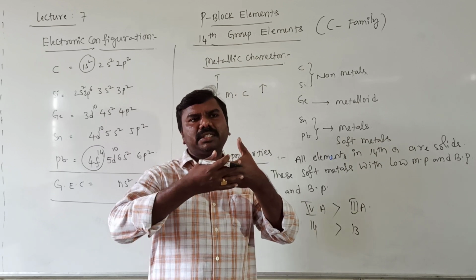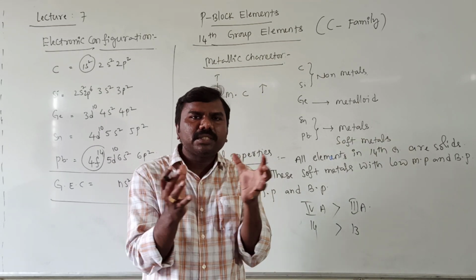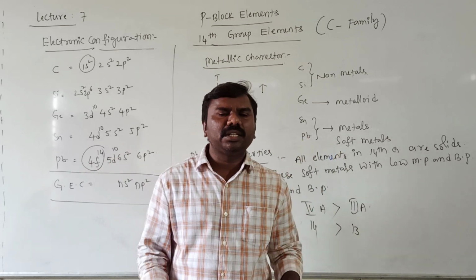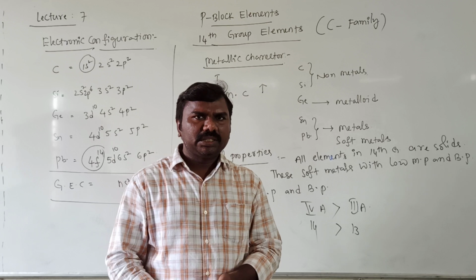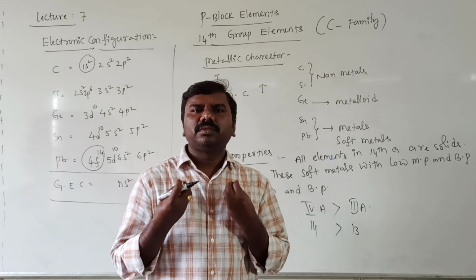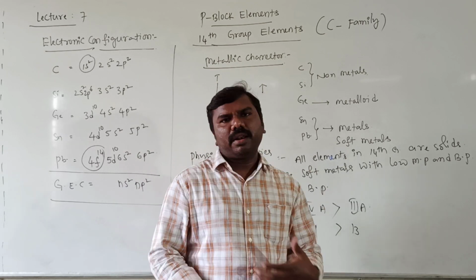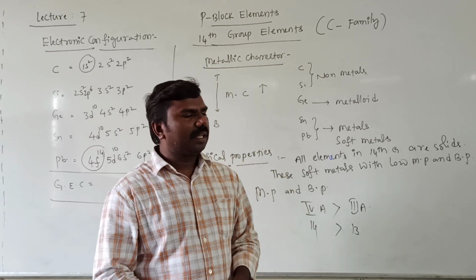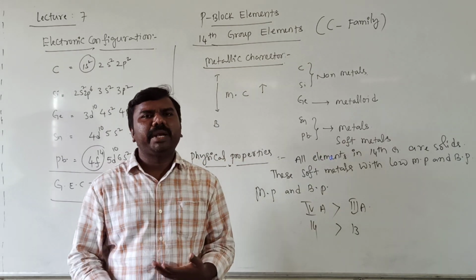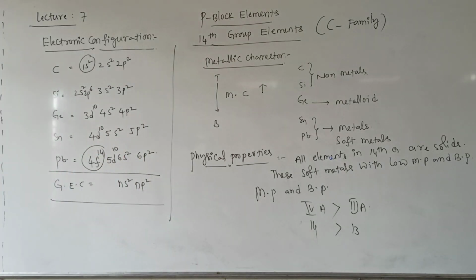Small means bond length decreases, bond strength increases. If size is large, bond length increases, bond strength decreases, and it is easy to break down into different atoms. So with the least amount of temperature you can boil or melt a given compound. That's why 14th group elements have more melting and boiling points than 13th group elements.